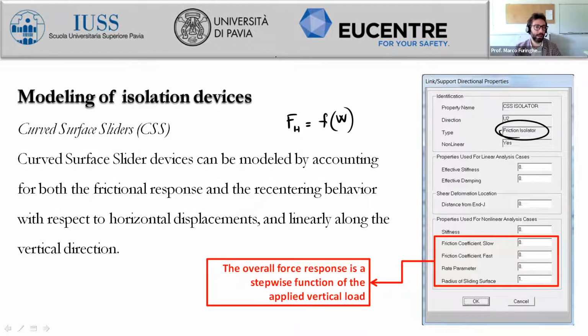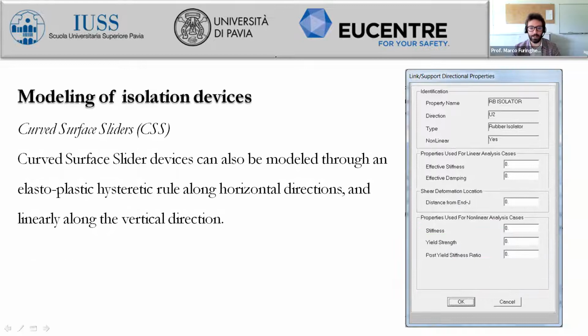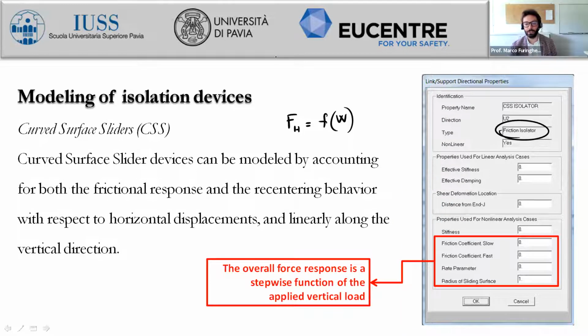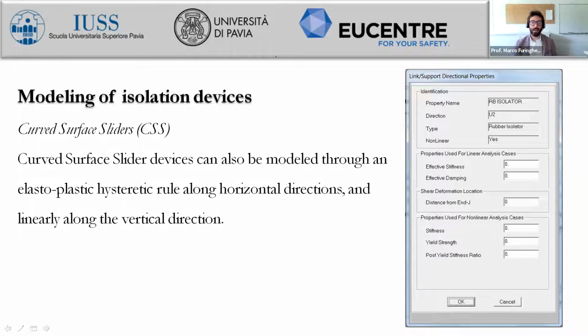This has to be kept in mind because there is another strategy to model such isolators, and generally there are some softwares which don't have actually this friction isolator, but just have, for instance, the rubber isolator, which provides an elastoplastic with hardening hysteretic rule.